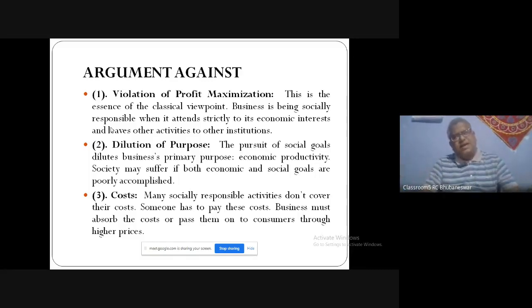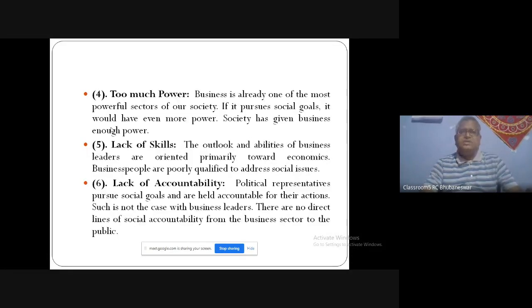In this connection, I want to say that the particular society benefits, so ultimately it is useful for the benefit of society. It means we are responsible towards society also. Another one is too much power, a similar point, and lack of accountability skill also.